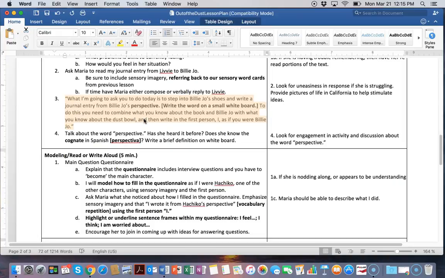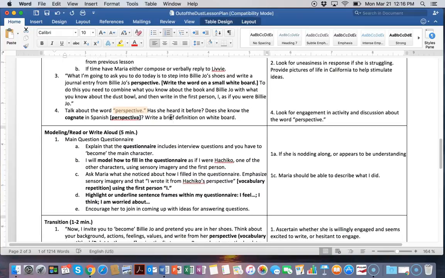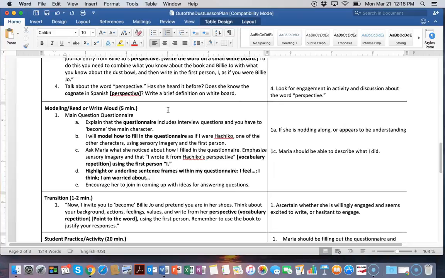She tells her exactly what she's going to do today. She introduces a key vocabulary word in doing that, and she tells her what she's going to need to be able to do in order to successfully carry out this task. She also taps into the student's native language and uses that as a resource with respect to a primary vocabulary word, perspective, in the lesson.